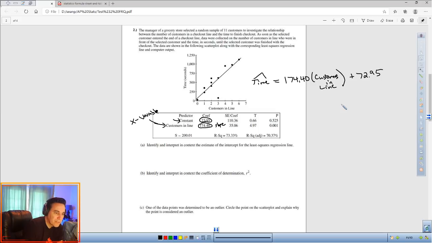This one says interpret the intercept for the least squares regression line. If they give you a problem like this, they're just going to have you interpret the numbers. That's it. Interpret slope, interpret y-intercept.